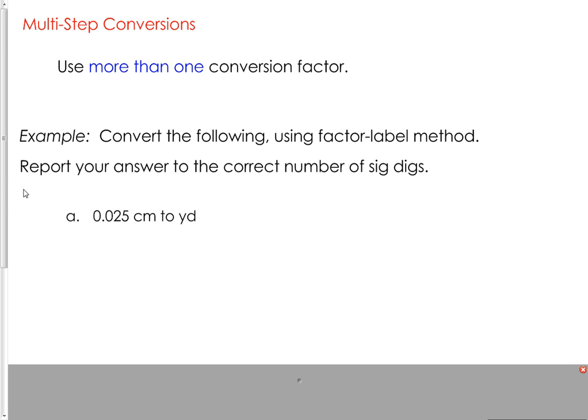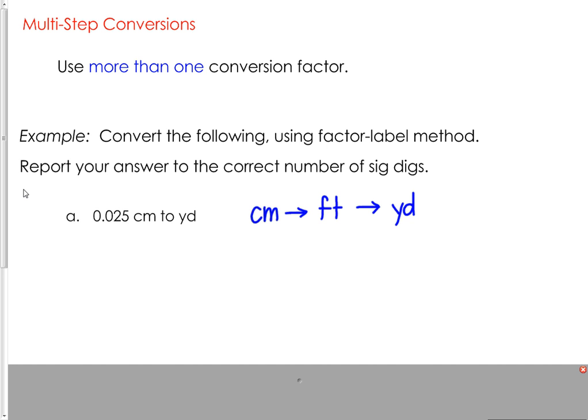What you could do as a path would be centimeters to feet, and there's another one that involves feet to yards. So we're going to have to do one conversion from centimeters to feet and a second conversion from feet to yards.